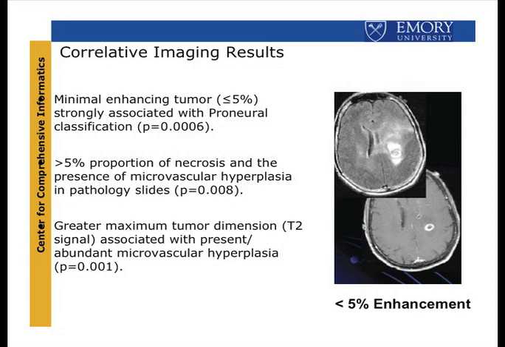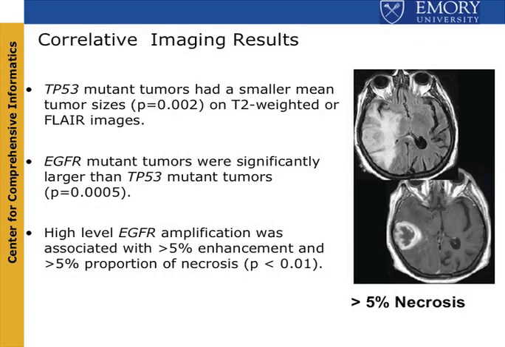Now we're looking at advanced imaging, like diffusion tensor, and the relationship to gene expression type, presence of new blood vessel hyperplasia in pathology slides, mutations, and so forth. So we're making connections between the molecular, pathology, and radiology information, which oddly enough had not been done that much.